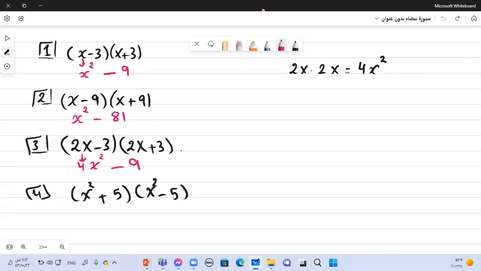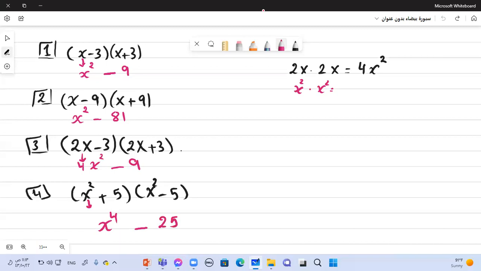The same bracket, different sign, so it is called the special case: negative, difference between two squares. Remember the name: difference between. The first one squared, x power of 2 multiply x power of 2, is x power of 4. 5 multiply 5, 25.